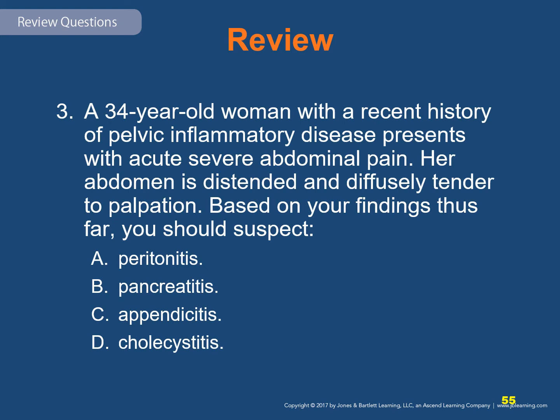Number 3, a 34-year-old woman with a recent history of pelvic inflammatory disease presents with acute severe abdominal pain. Her abdomen is distended and diffusely tender to palpation.